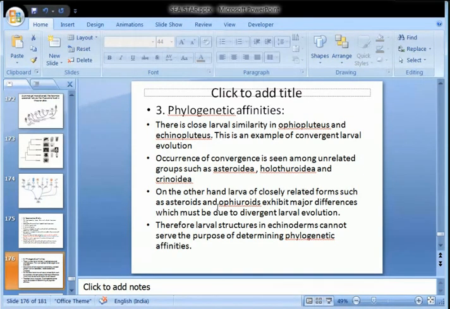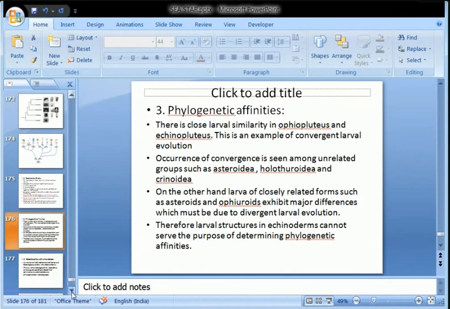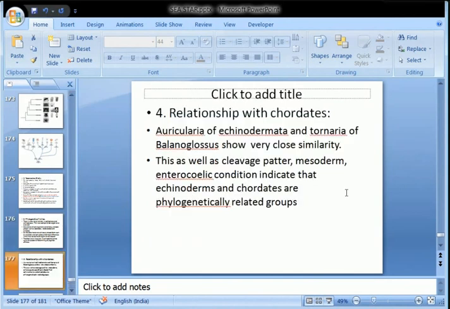On the other hand, larvae of closely related forms such as asteroids and ophiuroids exhibit major differences, which must be due to divergent larval evolution. Therefore, the larval structures in echinoderms cannot serve the purpose of determining phylogenetic affinities. So this is their taxonomic significance.